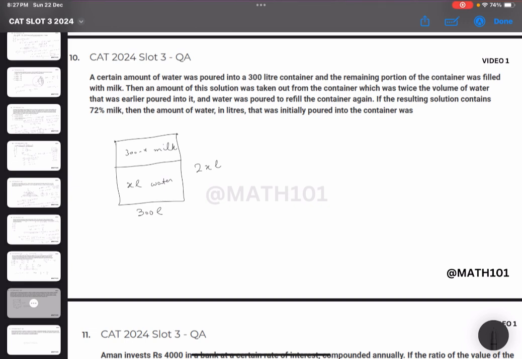So we have 72% milk left in the solution. Then the amount of milk, 72% of 300, is equal to 218 liters of milk, which leaves 82 liters of water. We have to find x.